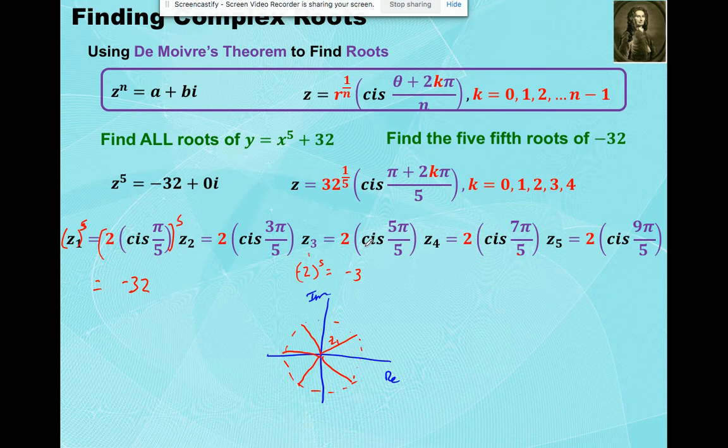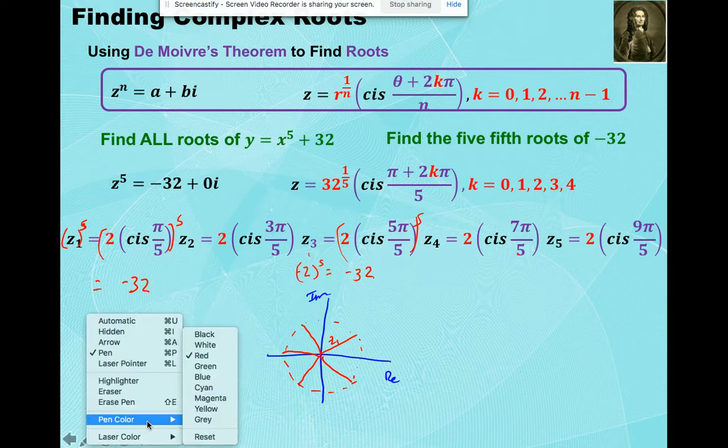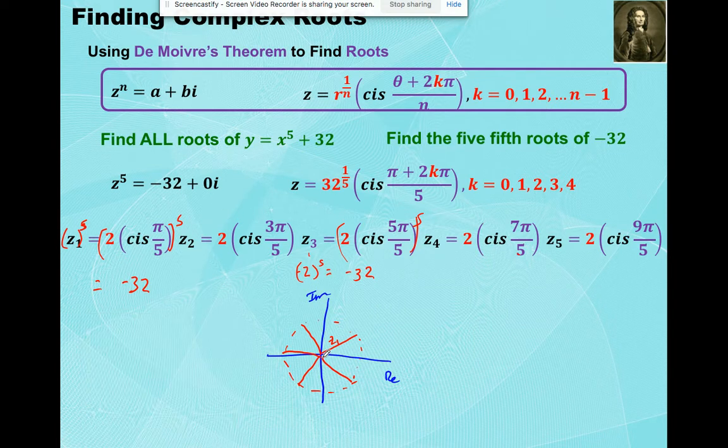Raise it to the 5th power and you're going to get -32. Remember, -32 is actually -32 plus 0i. So that's way out here. If you raise any one of these 5 spokes to the 5th power, you will get that purple spoke.